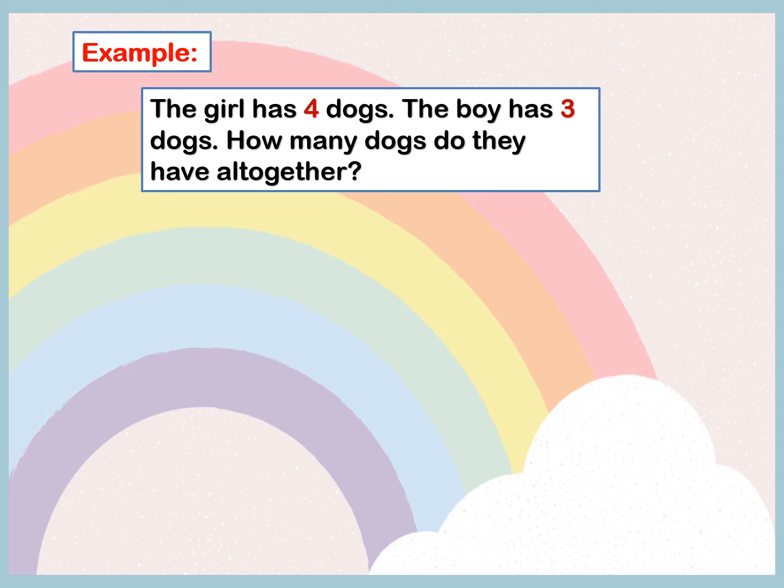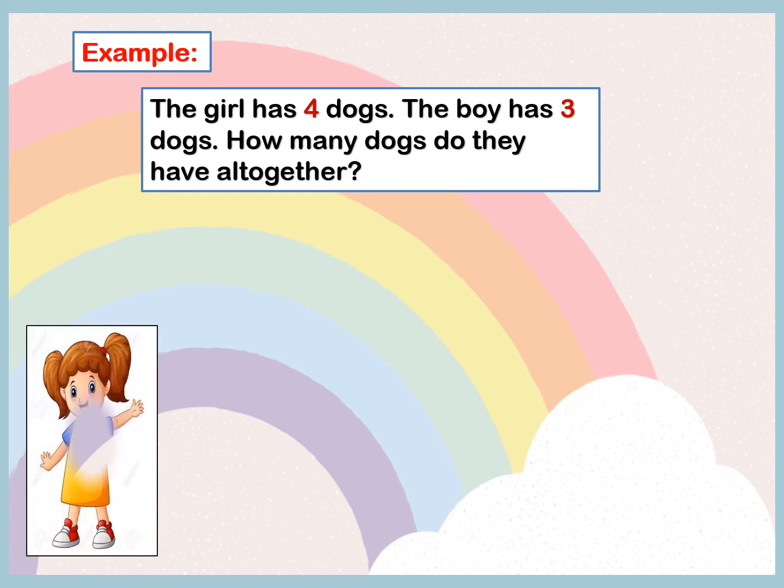And we should change has to have. They have. Alright, so the girl has 4 dogs. Yes, that's the girl. Or we can call her she. The girl has 4 dogs, or she has 4 dogs.